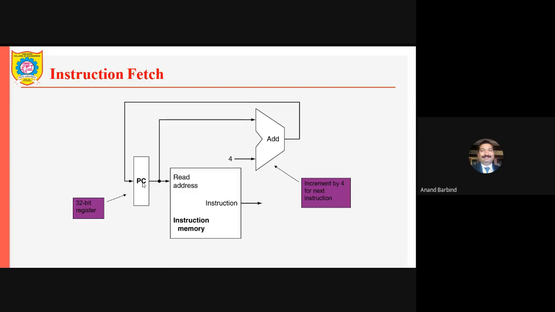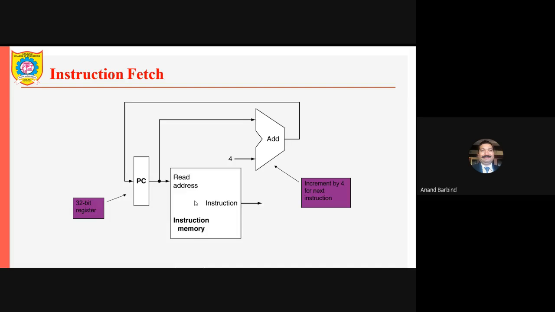With 32 bits, there can be 2 to the power 32 locations in this instruction memory, and each location is of 1 byte. So this instruction memory, if you calculate, will be of 4 GB, 4 gigabytes.